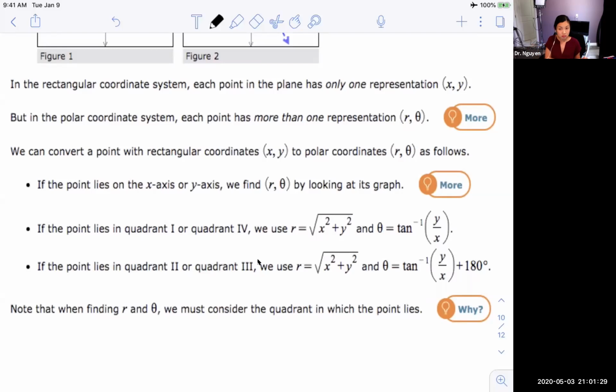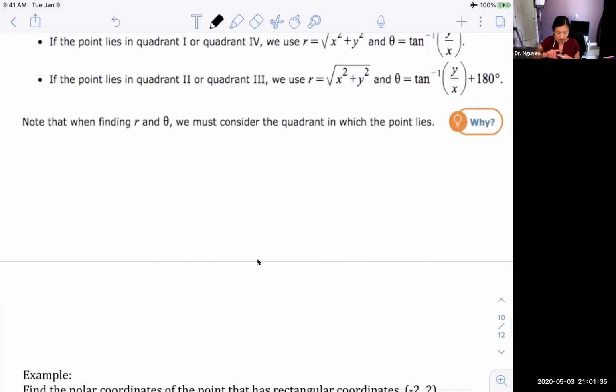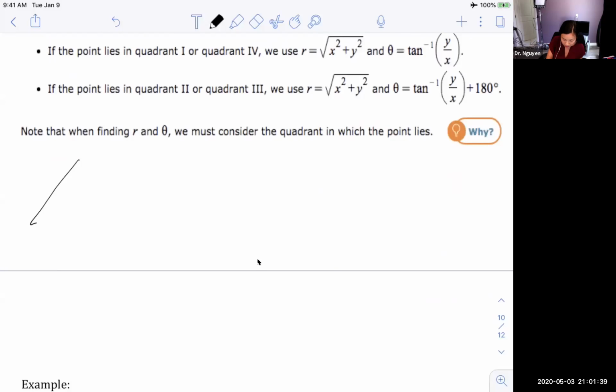So for example, let's say this is a 40-degree angle and this is 7. So right here, this is my polar coordinates, 7, 40 degrees.